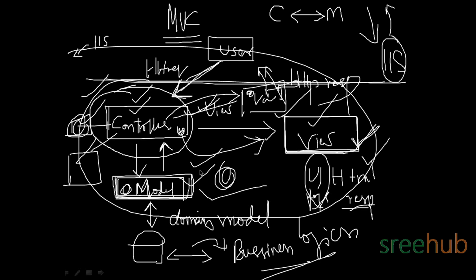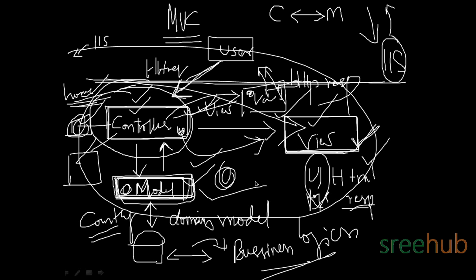Which means I have a simple class. Let's say an example of country. I have a country class, right? And let's say this is a controller, which is the home controller. Now in home, I want to show all the countries. I can use this country class in the home controller and give that object to one view.